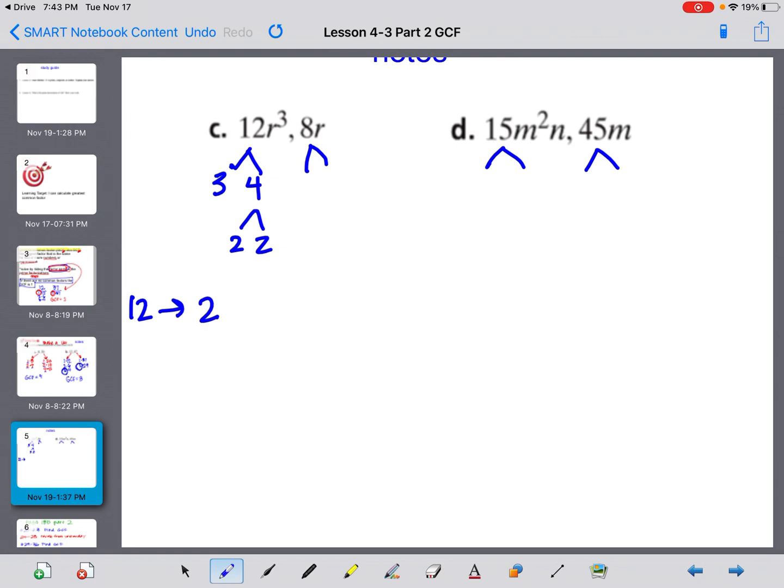So for 12, I have 2 times 2 times 3. And then look over here, R, R, R. Kind of sounds like a pirate.